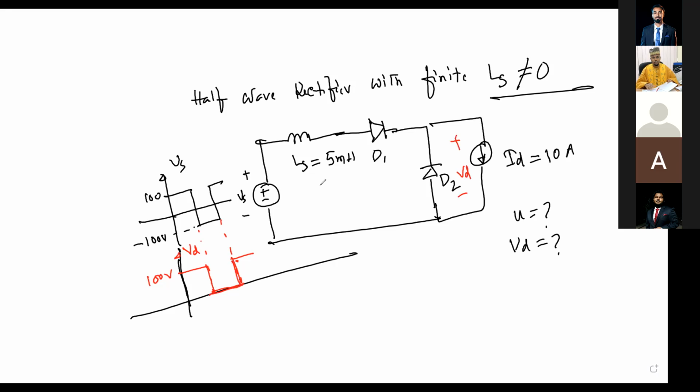Because of the LS, we will lose some area, right?